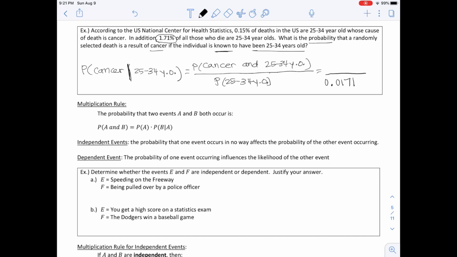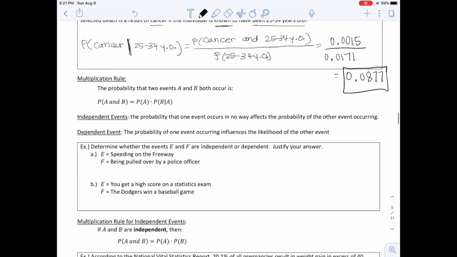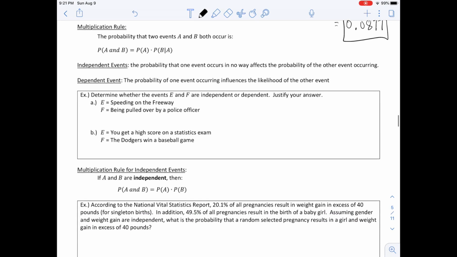And then in the numerator, we have the probability that they passed away from cancer and they're 25 to 34 years old, which if you look up here, it does say 0.15% of deaths in the U.S. are 25 to 34 years old whose cause of death is cancer. And so that would be our probability. Again, moving that decimal place twice to the left. Dividing this out, we get 0.0877. And again, rounding to 4 decimal places.